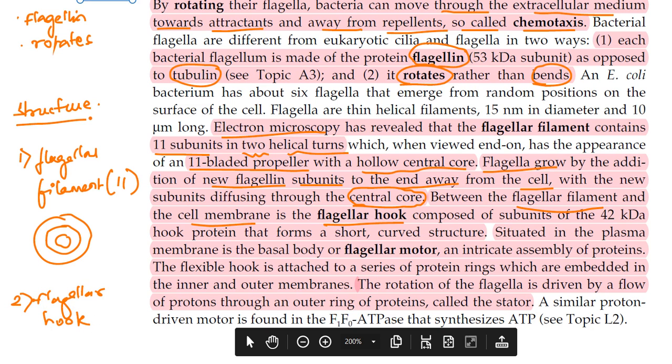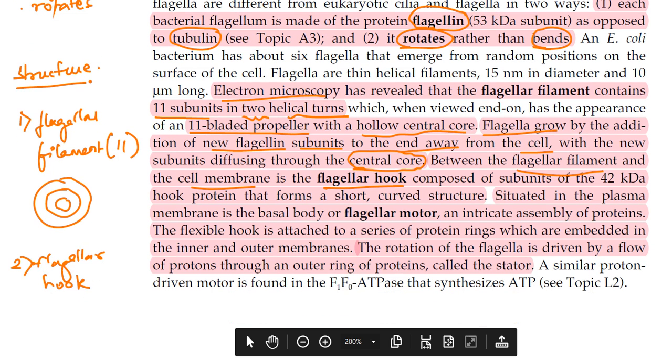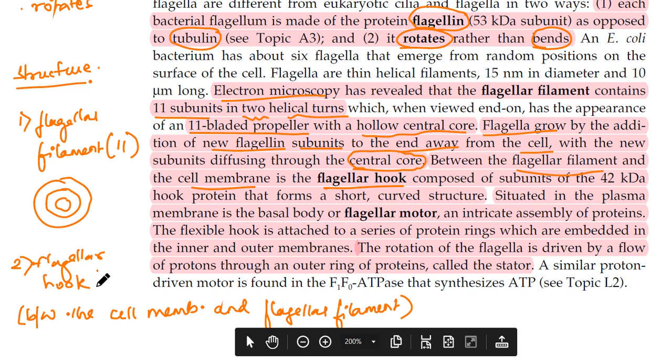It is present between the cell membrane and the flagellar filament. Between the cell membrane and flagellar filament is a flagellar hook, which is made up of 42 kilodalton.